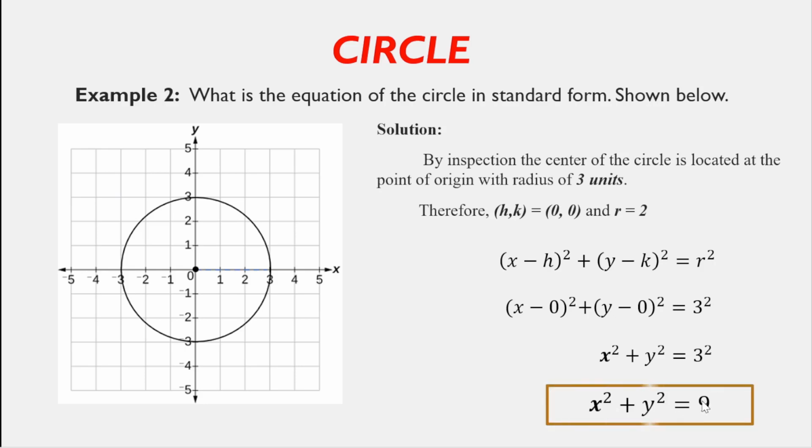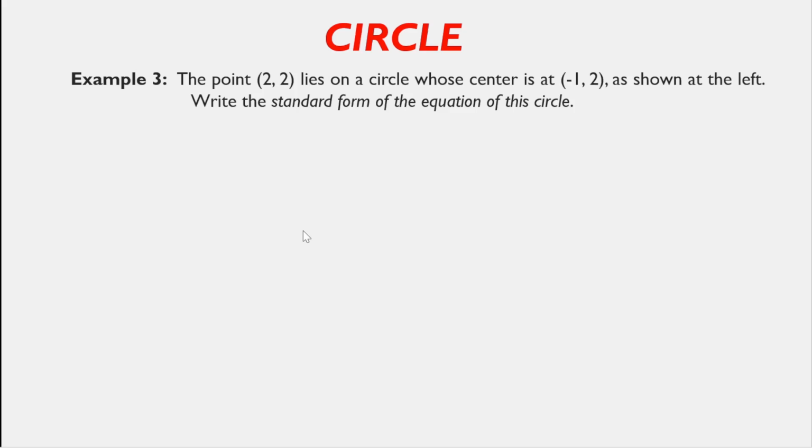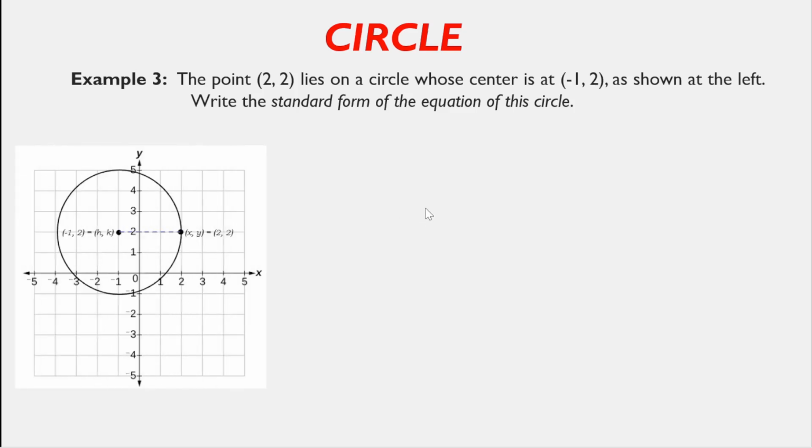Okay, example number 3. The coordinate (2, 2) lies on a circle whose center is at the coordinate (-1, 2) as shown at the left. Write the standard form of the equation of the circle.